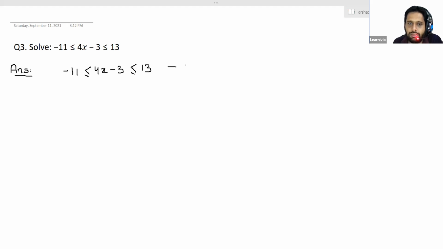Anyone can tell me what number we can add in this inequation so that this -3 can be removed? Is it +3? This is -3, so we will add +3.